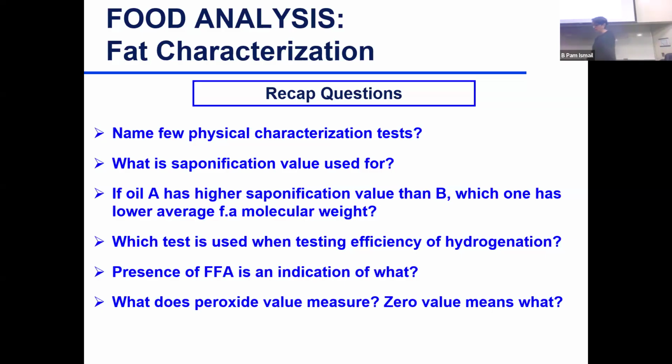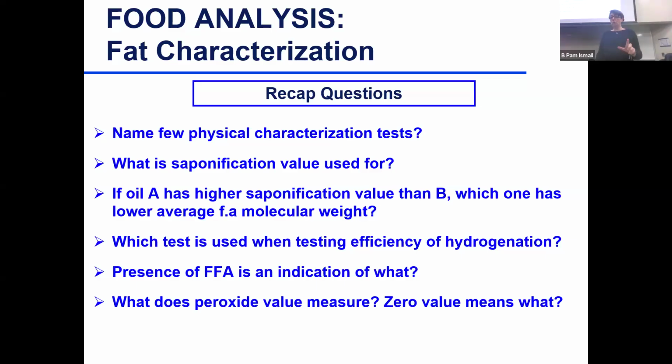So if we hydrogenate the oil, fully hydrogenated oil will have an iodine value of 0. So if we have a high percent of free fatty acid, what is that an indication of? Potentially, free fatty acid is part of hydrolytic rancidity.